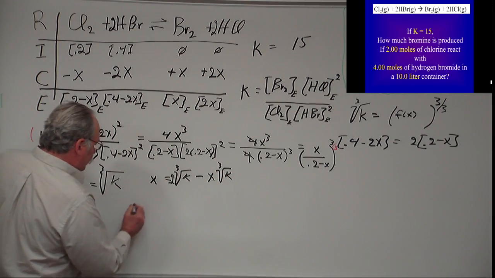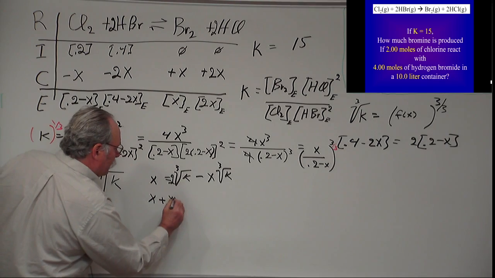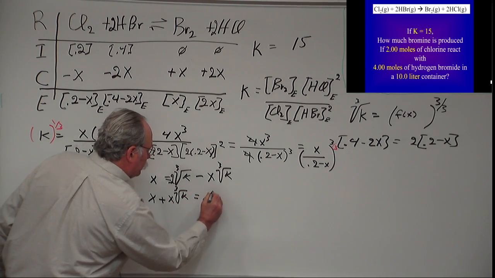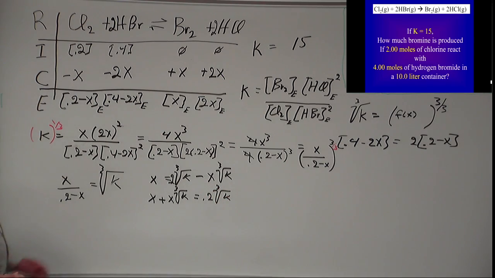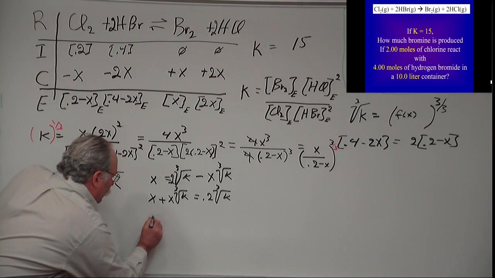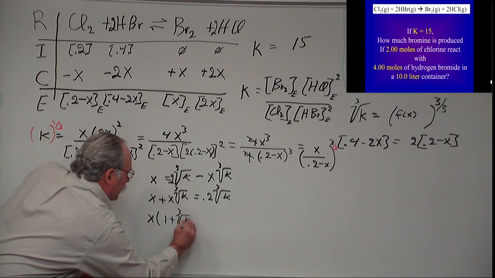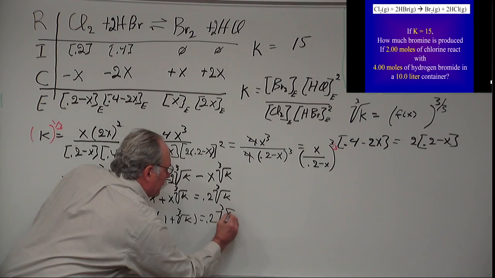So now I can say x plus x times the cube root of k is equal to 0.2 times the cube root of k. Now I can factor out my x from this, and I have x times (1 plus the cube root of k) is equal to 0.2 times the cube root of k.